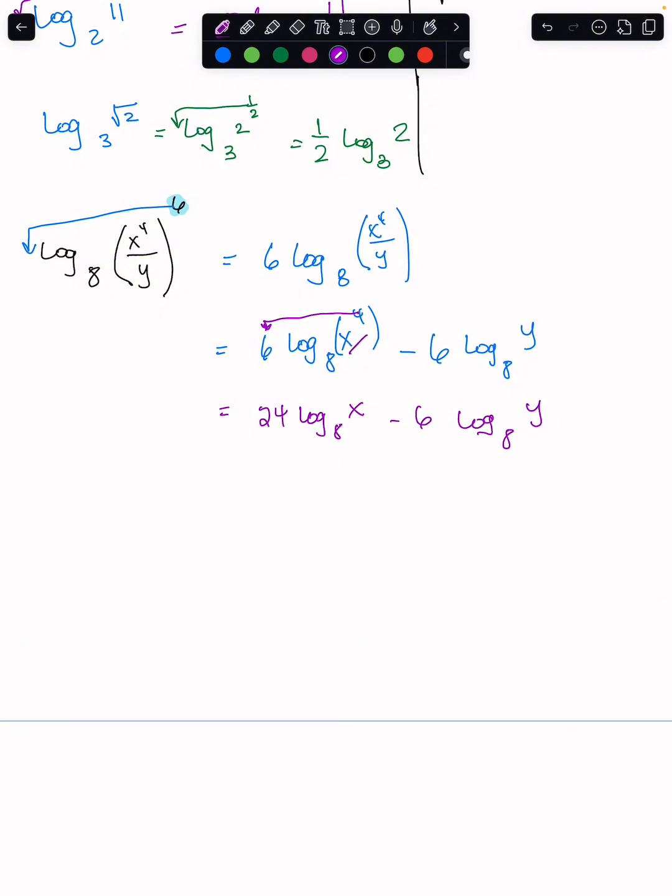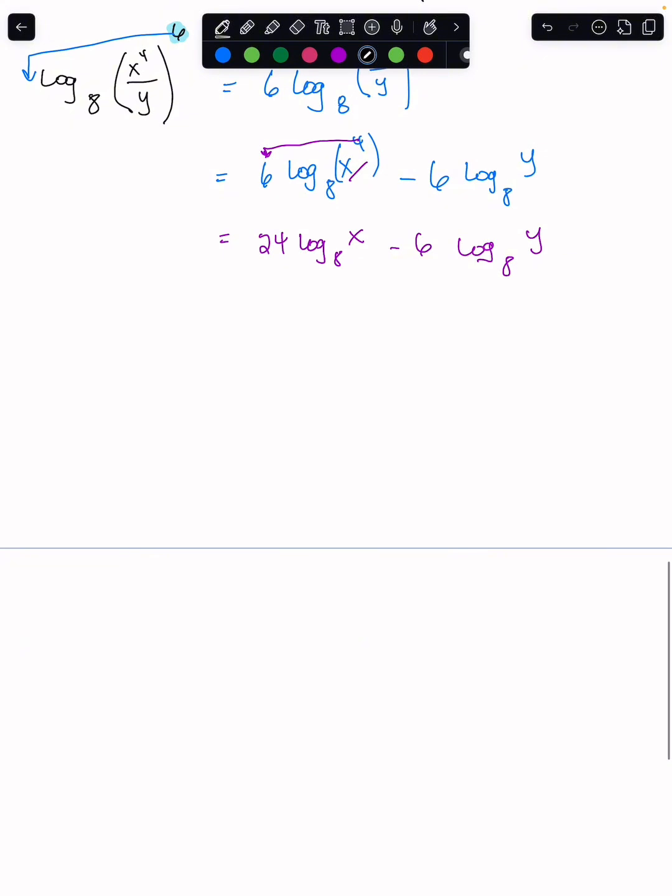Okay, let's do 2 more. This next one says log of 4 times a to the b to the c to the 4. Multiplication, you should think, oh, that triggers addition.